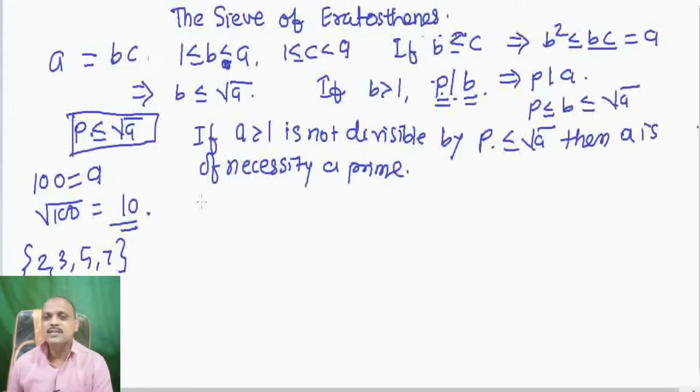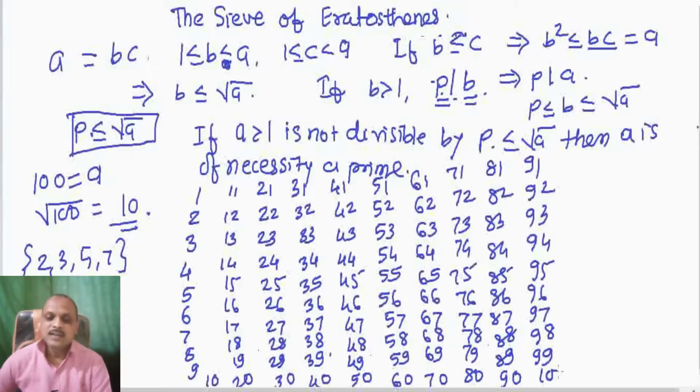We have listed all the numbers. Now, first we will cancel out all the numbers which are divisible by 2. One is neither a prime nor a composite number, so leave that number and start here.